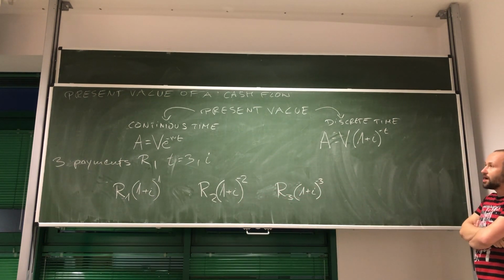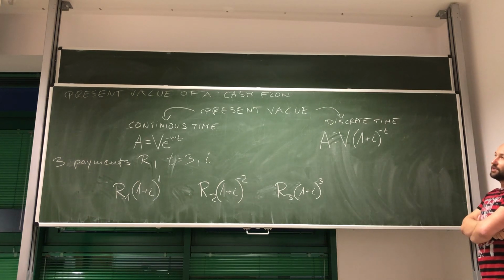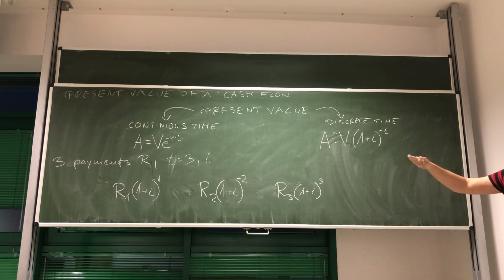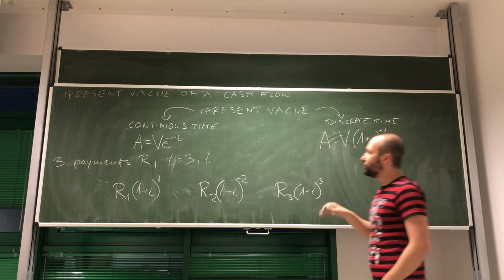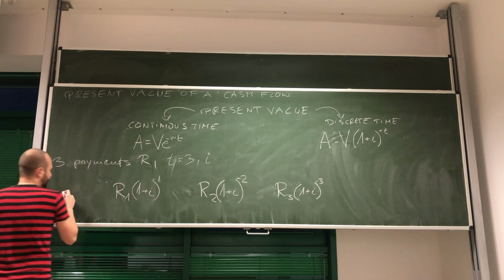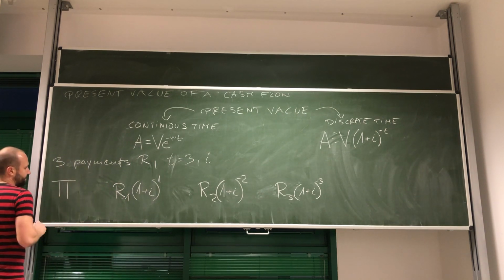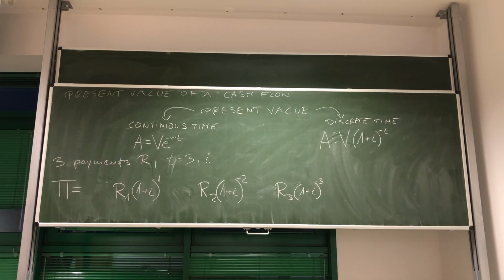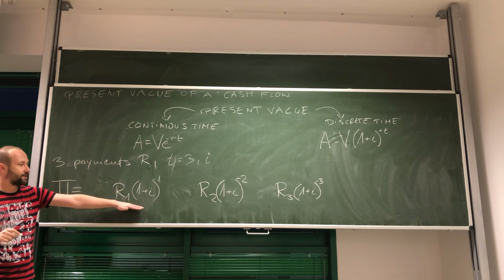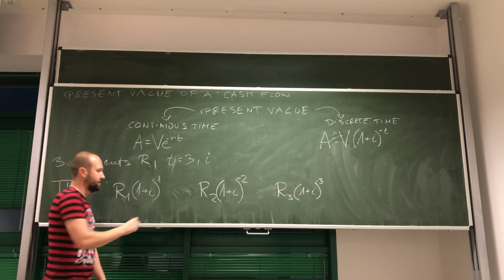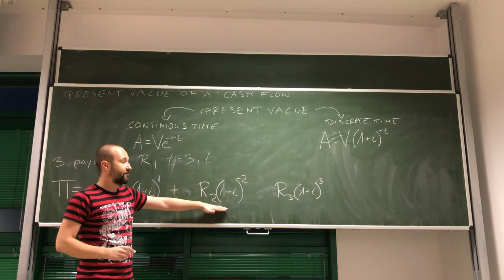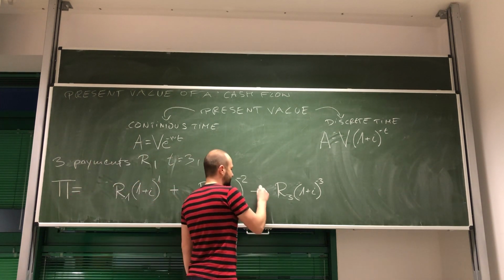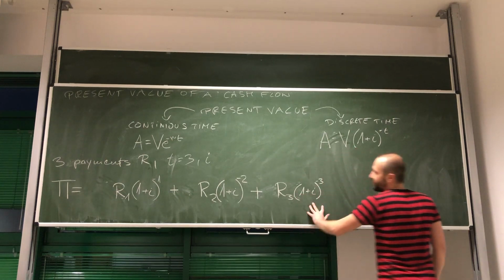Okay, so what do I need to do to get the present value of this entire revenue stream over these 3 years? We will denote the present value of revenue stream or cash flow by capital letter pi. Look, what I need to do is to add the present value from the first year to the present value from the second year and to the present value from the third year.